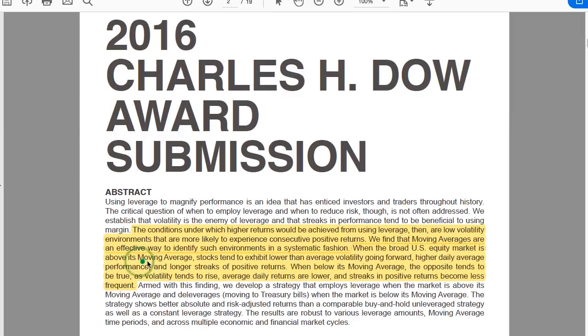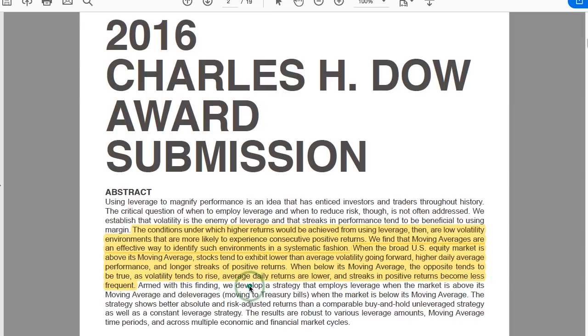When the broad U.S. equity market is above the moving average, stocks tend to exhibit lower than average volatility going forward, higher daily average performance and longer streaks of positive returns. It's a tendency, markets trend. When below its moving average, the opposite tends to be true: volatility rises, average daily returns are lower, and streaks in positive returns become less frequent.